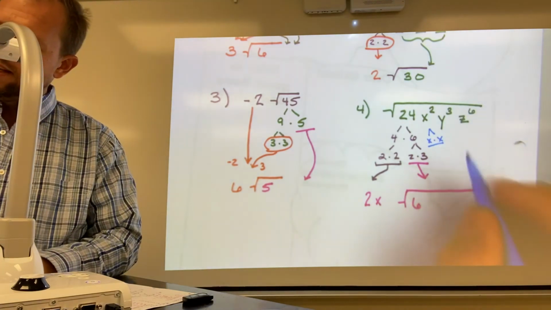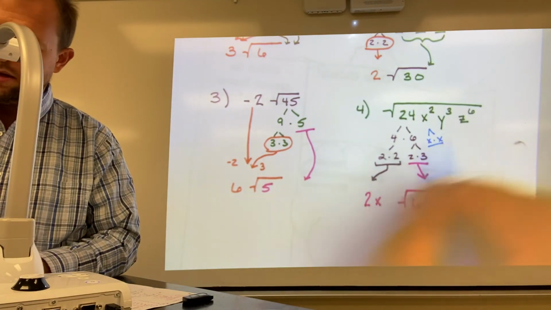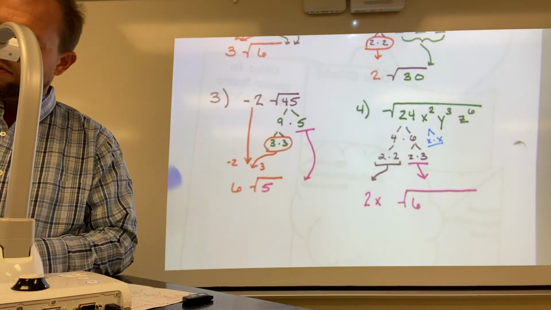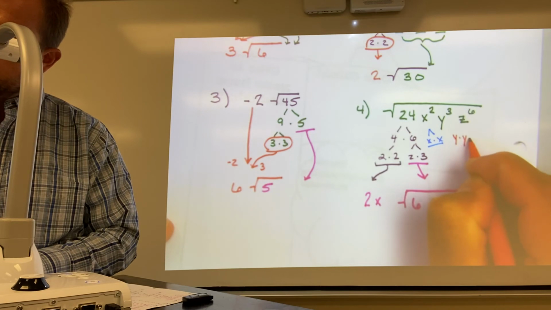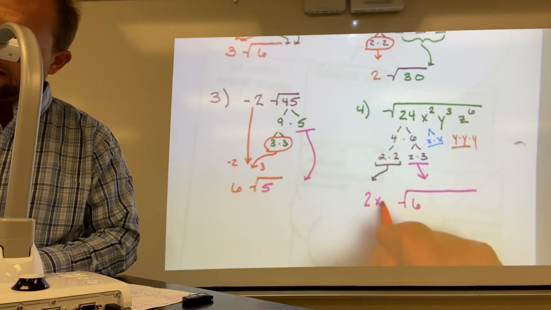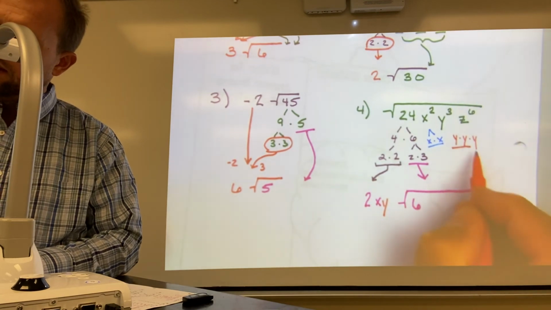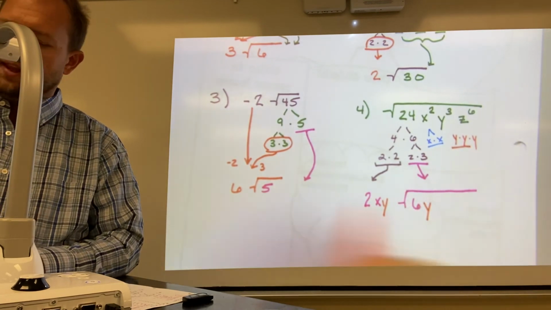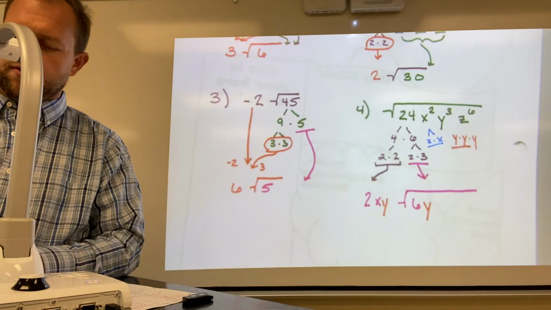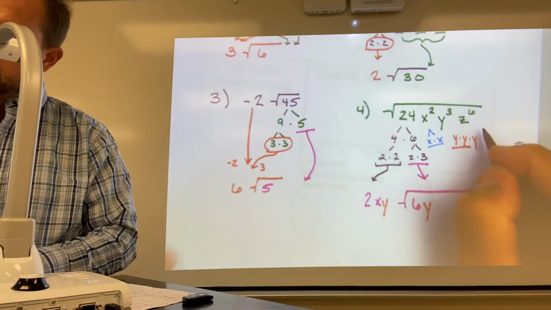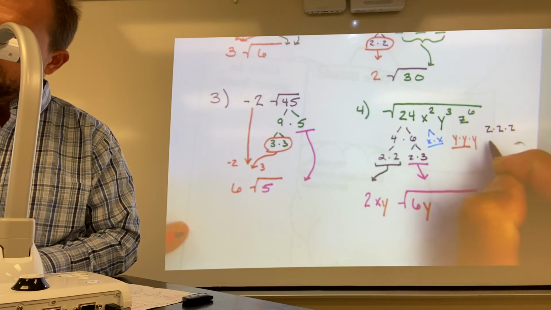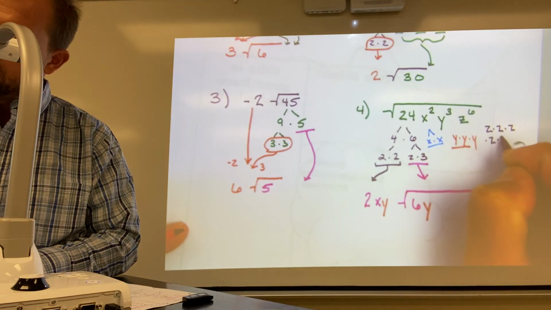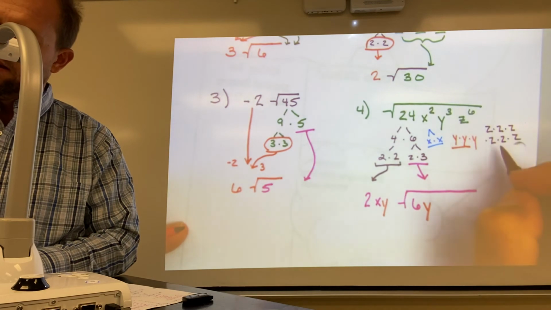For the y's, y cubed is 3 y's. Y times y times y. So with 2 of them, a y can come out and 1 y remains underneath. For the z's, we have 6 of them. Z times z times z times z times z times z.